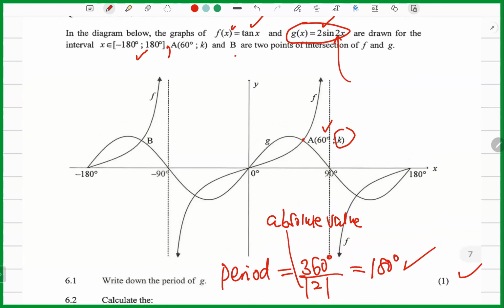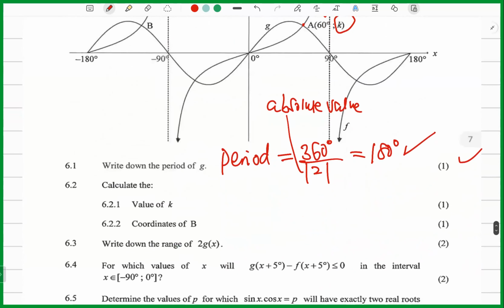Okay, so let's deal with the f function. What does the f function do? Right, so it means that you have f of x, which is the tan of x. All right, so we have the point A with the coordinates, this one in K, so with x and y.